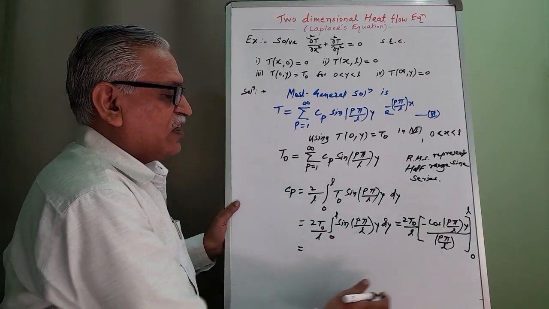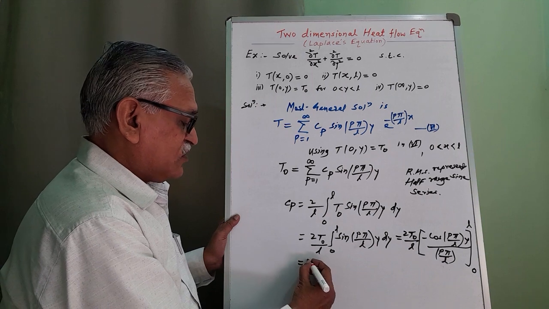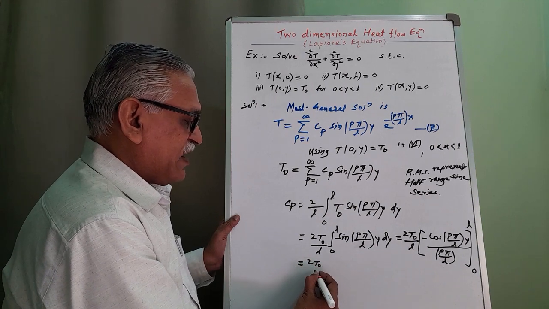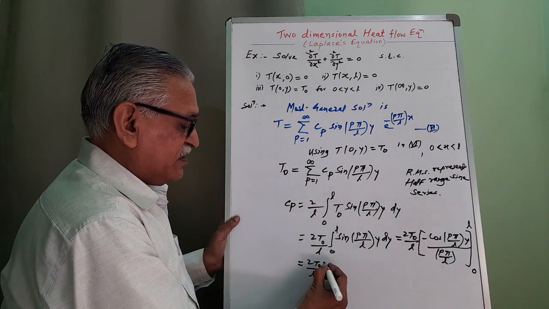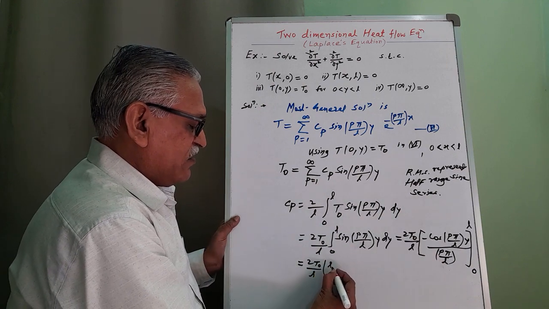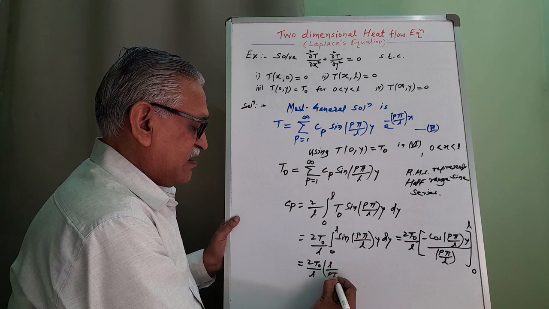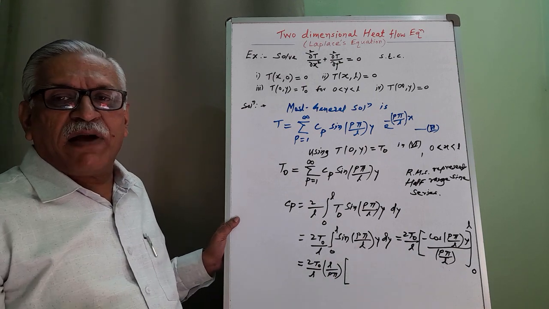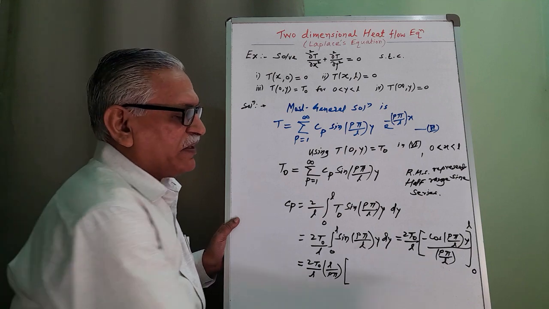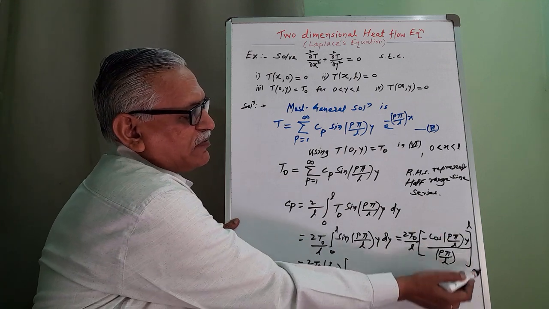Substituting the upper and lower limit, we get 2T0 divided by L. This goes to numerator as L divided by p pi, multiplied by minus sign, I will cancel by changing the limit. 0 becomes upper, L becomes lower.